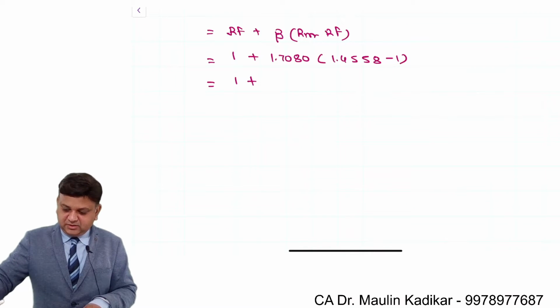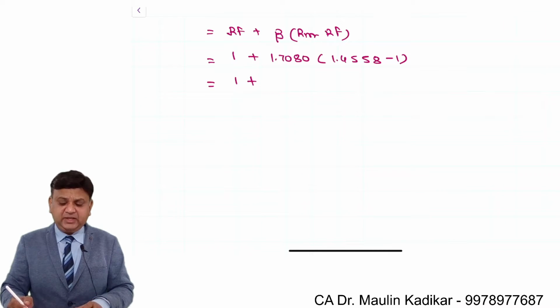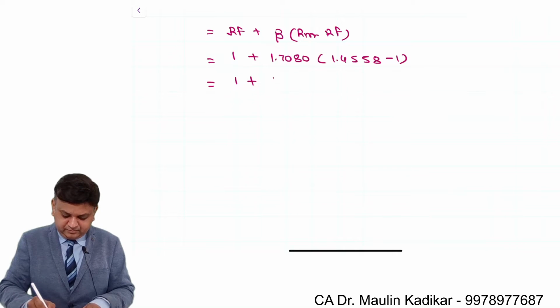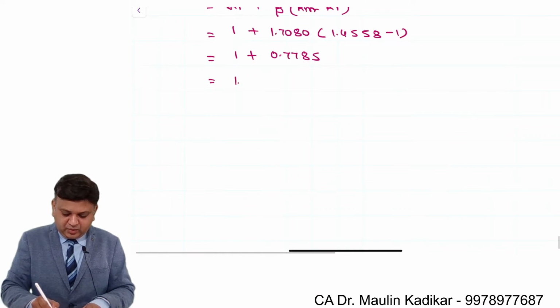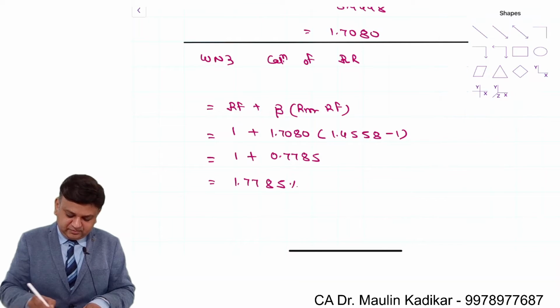So 1 plus 0.4558 into 1.7080, that is 0.7785. So it is 1.7785%. This is the way we make the computation of a required rate of return.